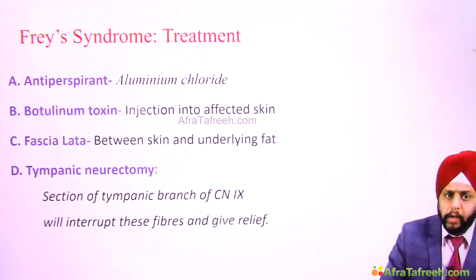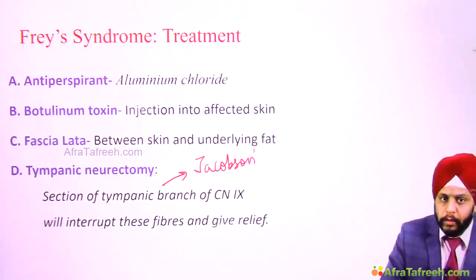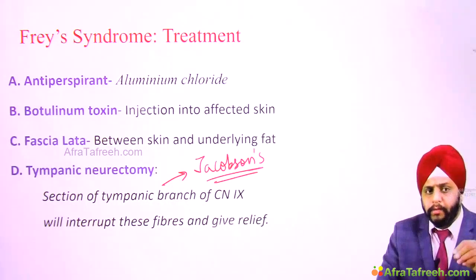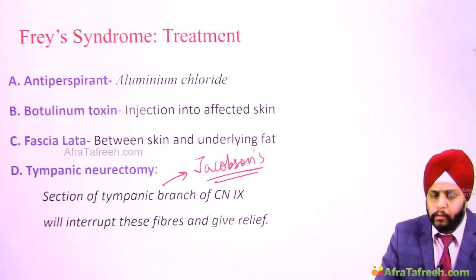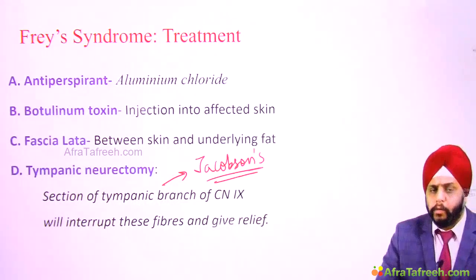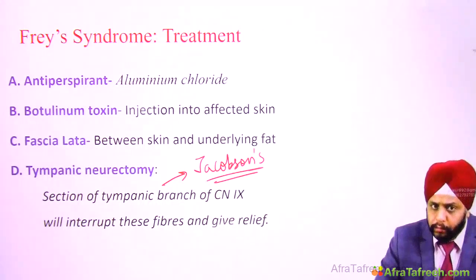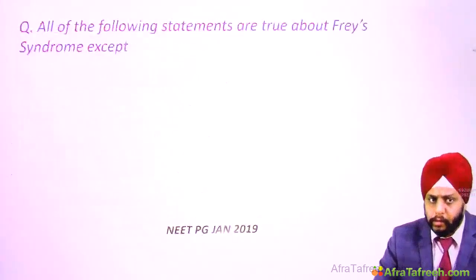The tympanic branch of the 9th cranial nerve is Jacobson's nerve. It carries the 9th nerve fibers to the tympanic plexus, and from there they join the lesser petrosal nerve. So this nerve is cut, and therefore the Frey syndrome will go away. So, different ways where we can treat Frey syndrome.